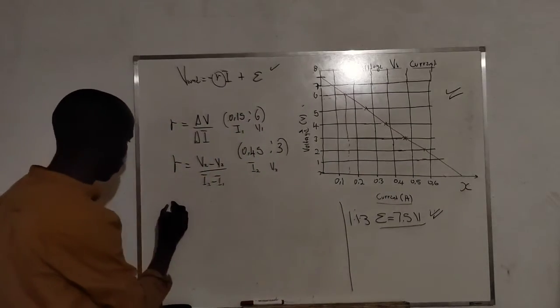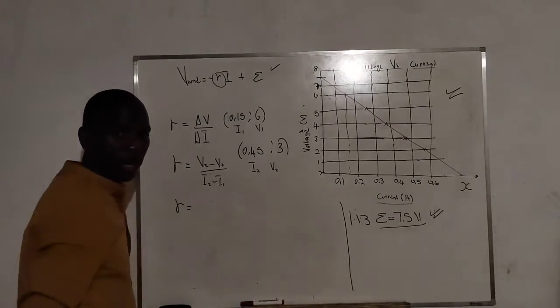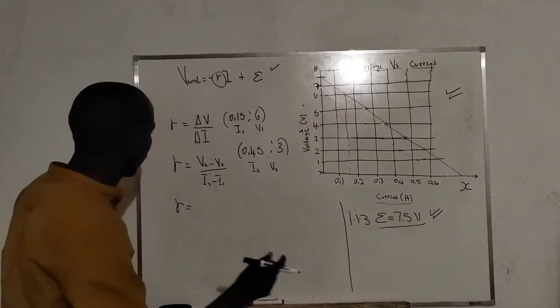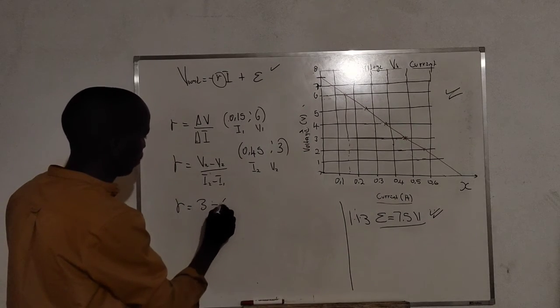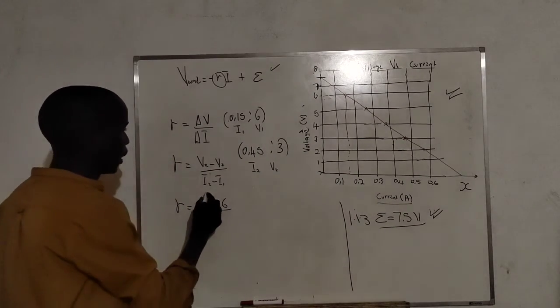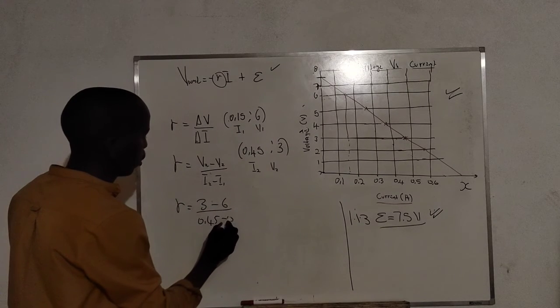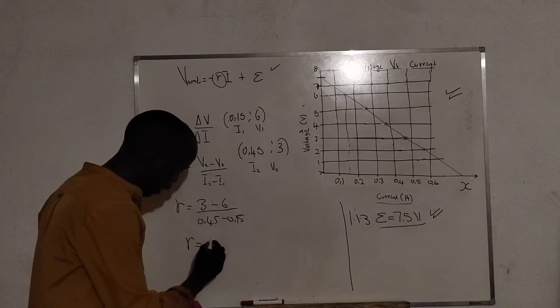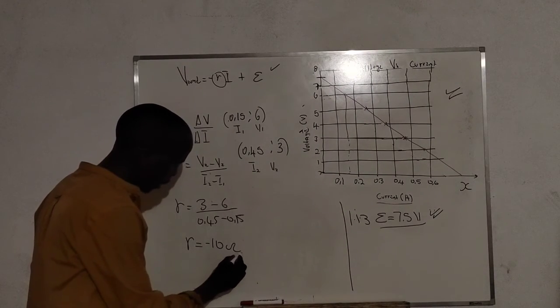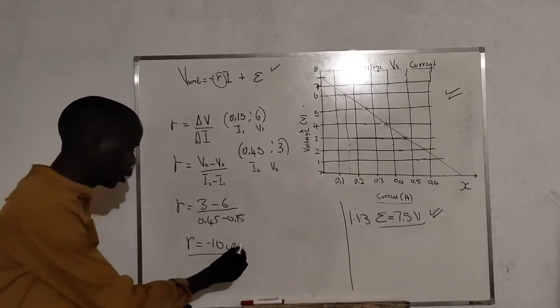Now let me quickly calculate my gradient. As you have seen, it will be a negative gradient. V2 is 3 minus 6, and I2 is 0.45 minus 0.15. We can see that the gradient is minus 10 ohm. It's a very big value, unusual for internal resistance, but that is what it is.